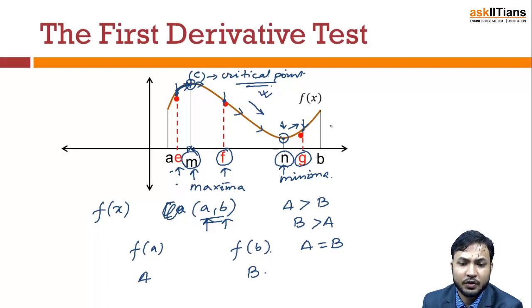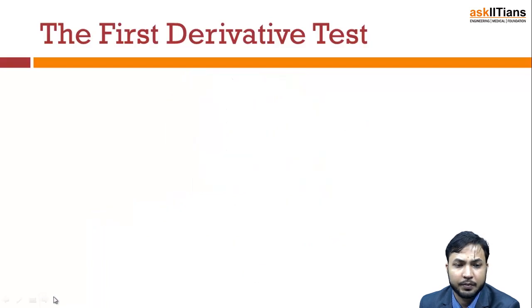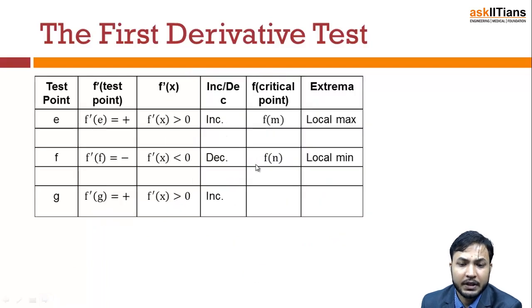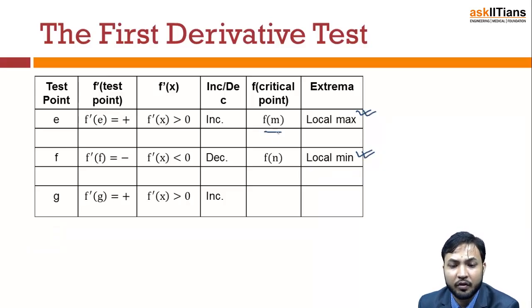Alright, so that was the whole point of studying this. Now moving on to the next part. This is how we have defined all that we have studied. Now f(n) and f(m) are what are said to be our local maximum points and local minimum points.